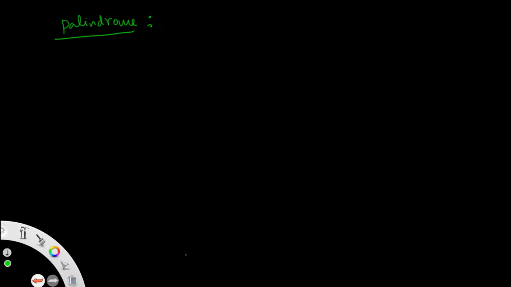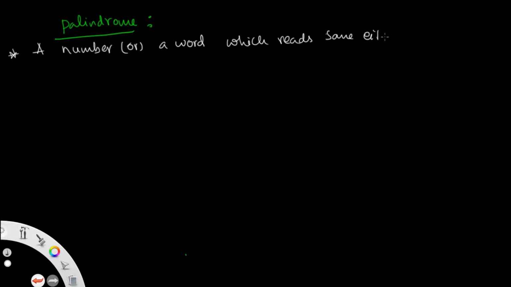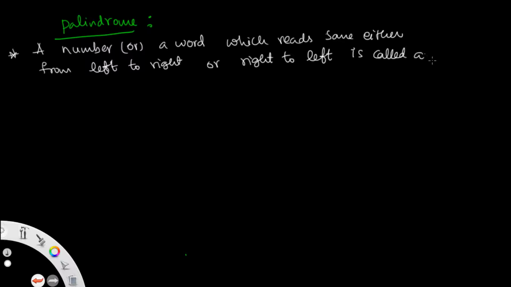So write this as the definition: a number or a word which reads the same either from left to right or right to left is called a palindrome.